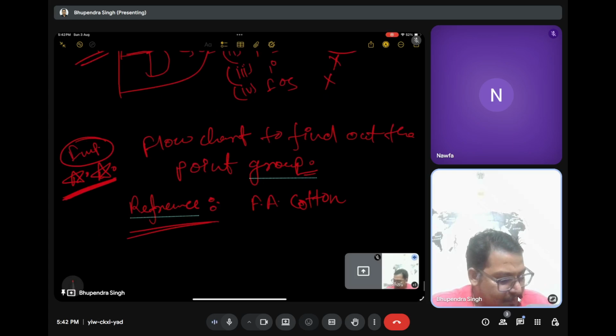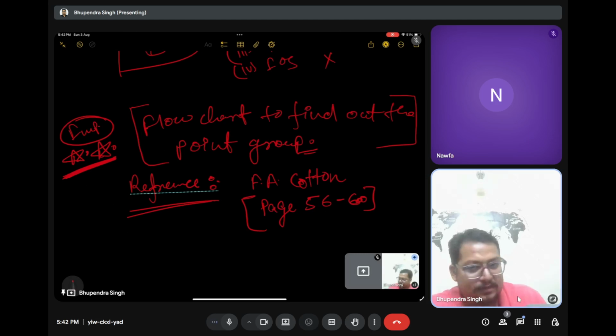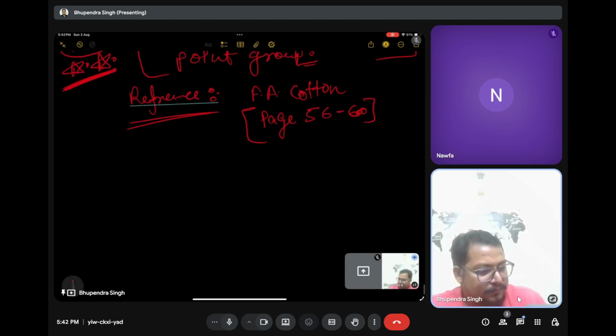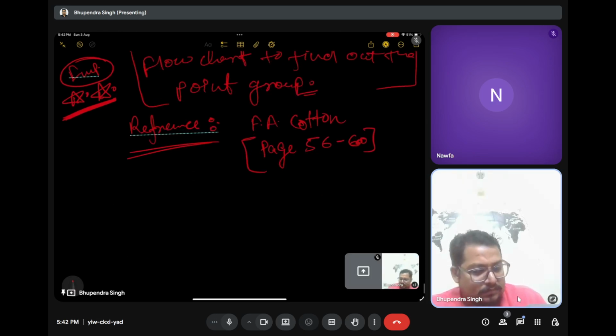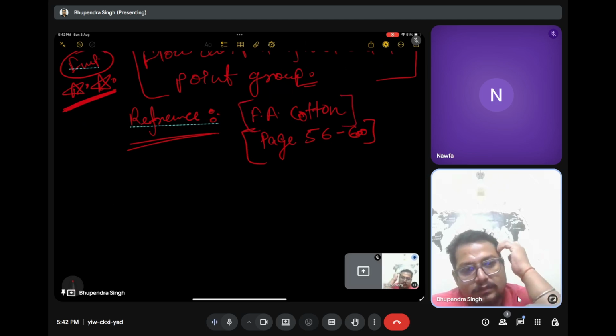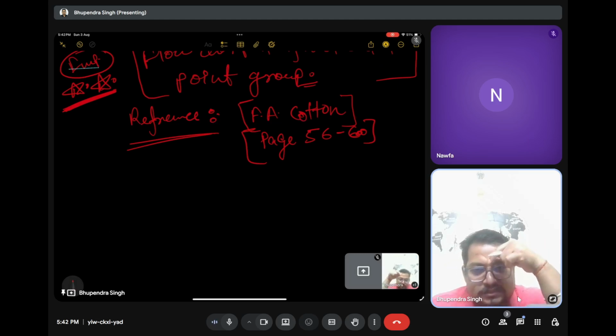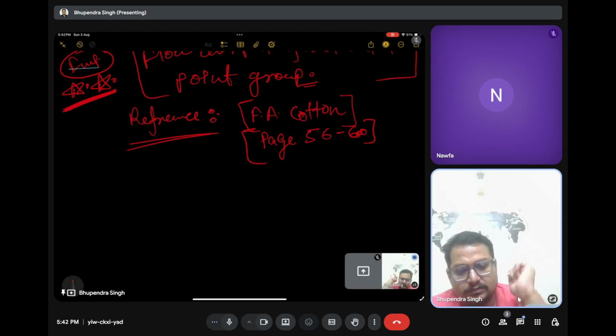I think this flow chart is on page number 56 or 60, something like that. This is the reference flow chart. Anyway, I will also tell you, but if someone wants to learn the flow chart from the book, this is the book, F.A. Cotton. If you want the book PDF, I will share it in the description of the YouTube video, also in the material section.